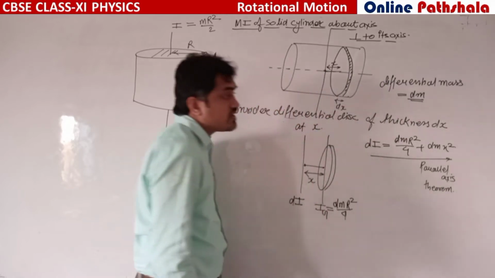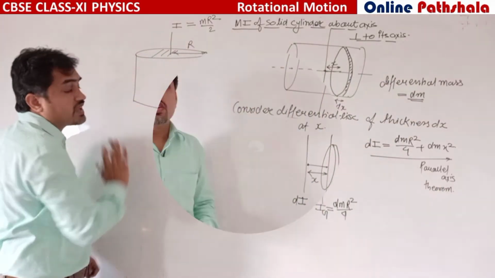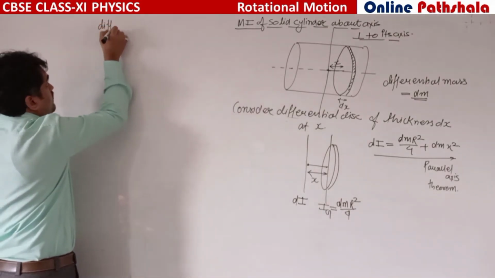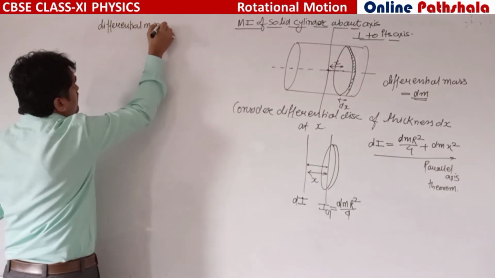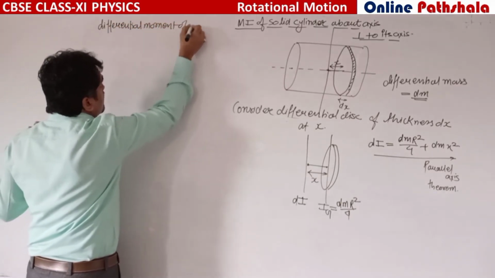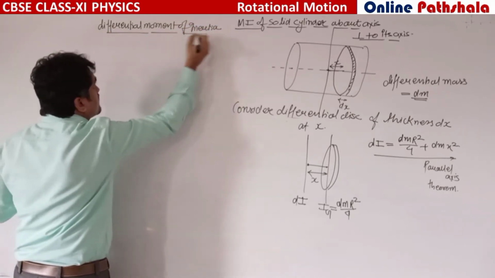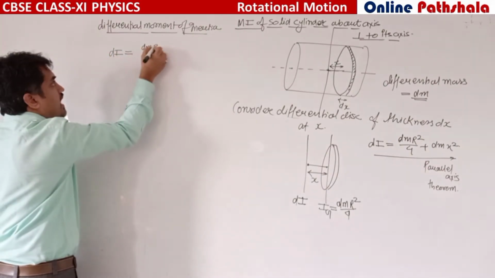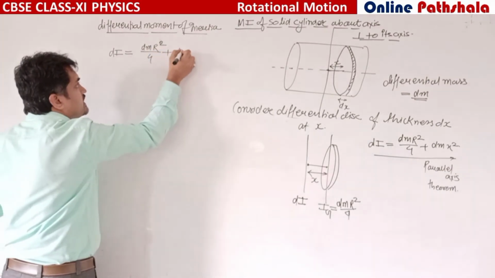So the differential moment of inertia of the disk, di, is equal to dm r raised to power 2 divided by 4 plus dm x square.